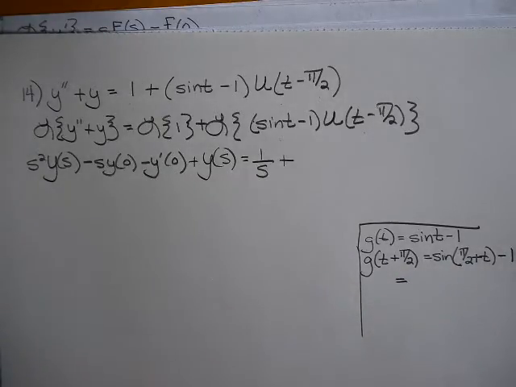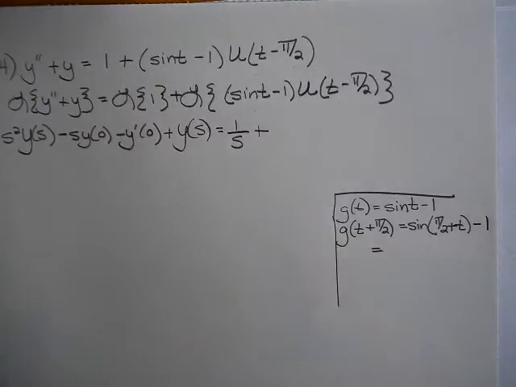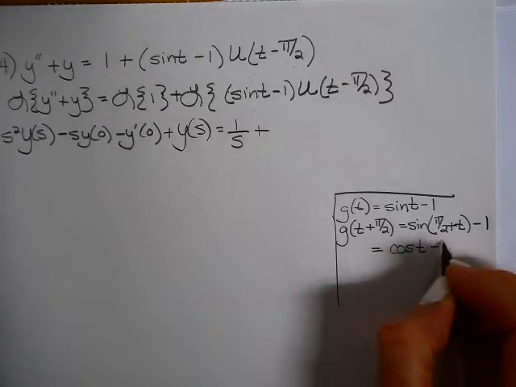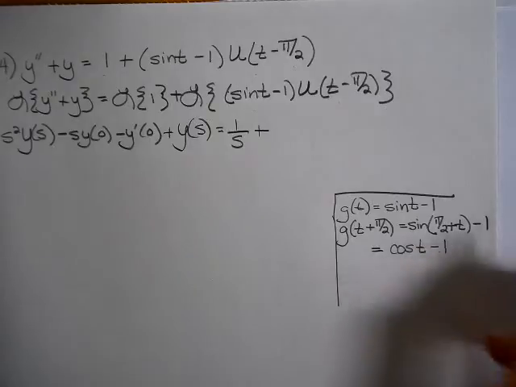Sine of pi over 2 plus t. Here's the cosine of t. So that's going to give me the cosine of t minus 1.